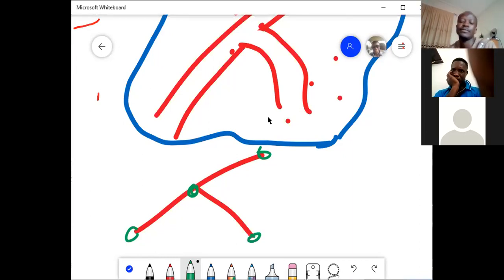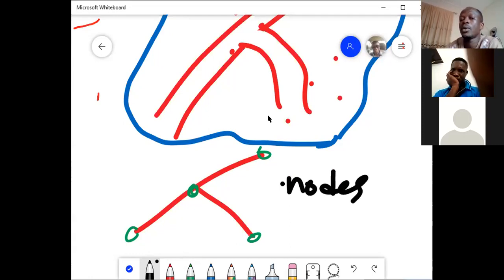Here we have a better representation. It's assumed that the round objects are the nodes. Here we are linking topology and networks.